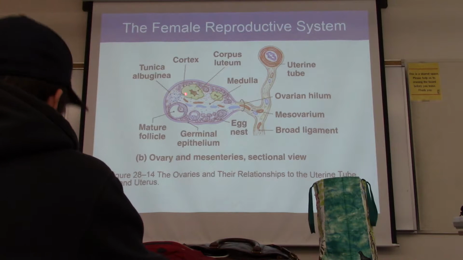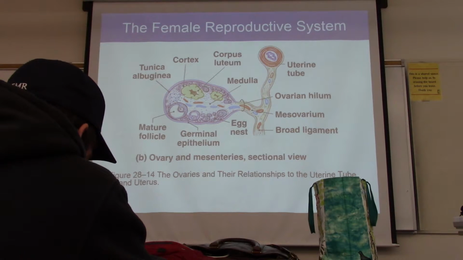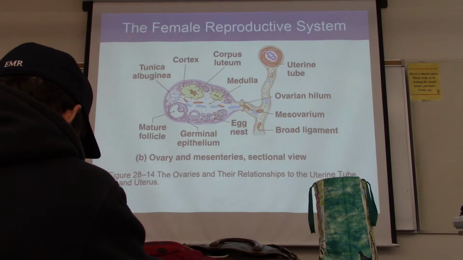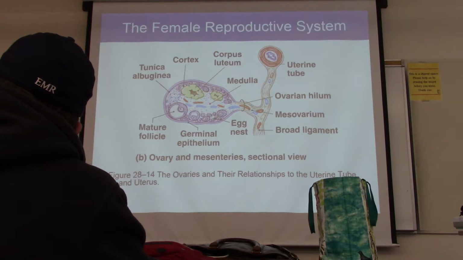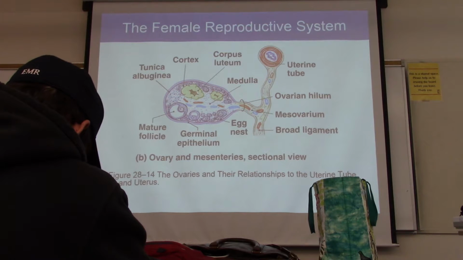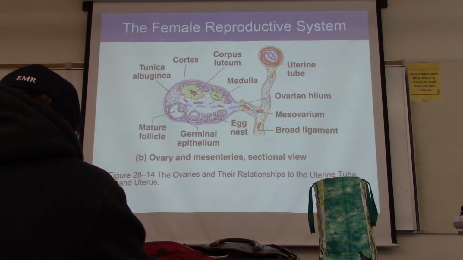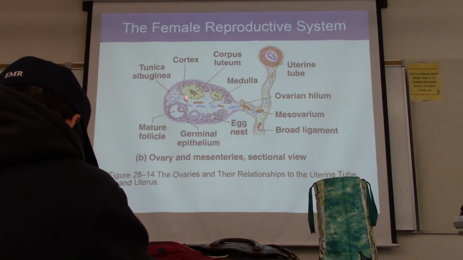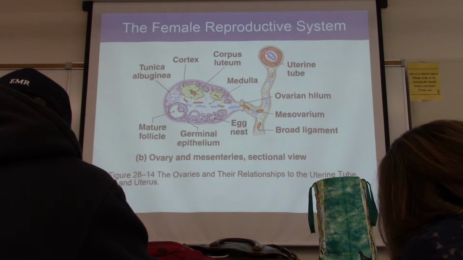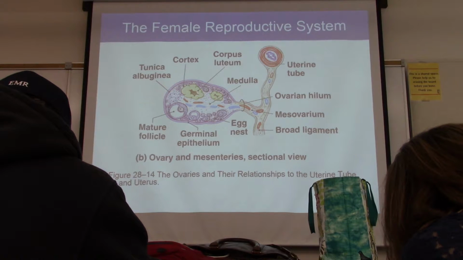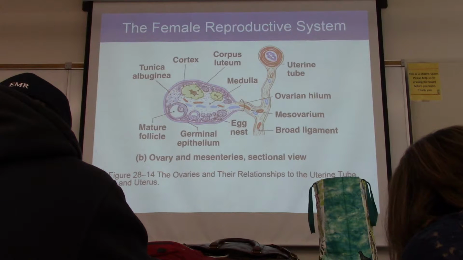The corpus luteum is important because the corpus luteum is what secretes all the progesterone, which is the hormone that keeps you pregnant. Okay, so assuming you got to that stage of the month, assuming you ovulated, assuming that egg met up with a sperm, and you are pregnant, then the corpus luteum is the one that produces the progesterone that will keep you pregnant and keep your body from getting rid of that fertilized egg at that point.